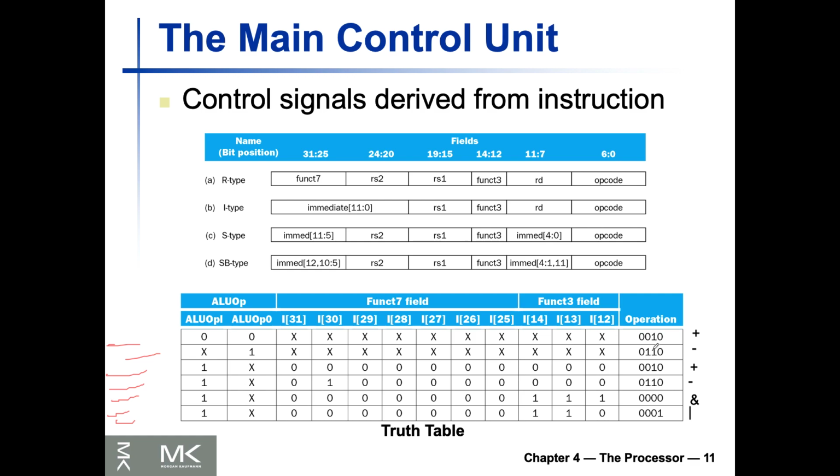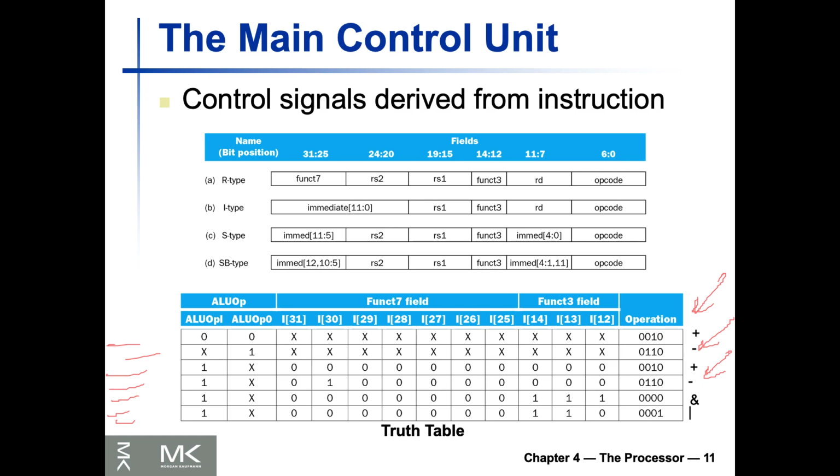Also, we call this table a truth table, right? And as you see, many of the bits for many of the ALU ops are similar, right? When the output is certain ALU, right? Addition and subtraction and branch.